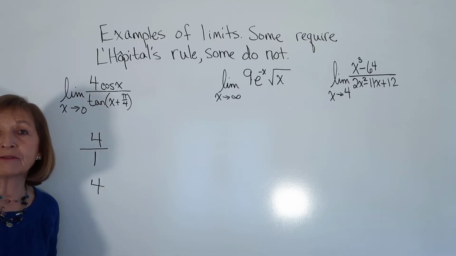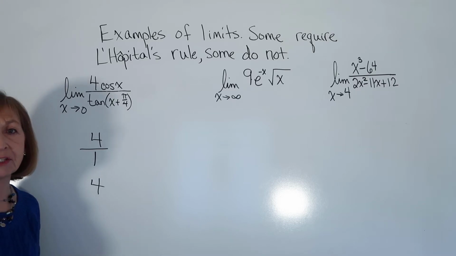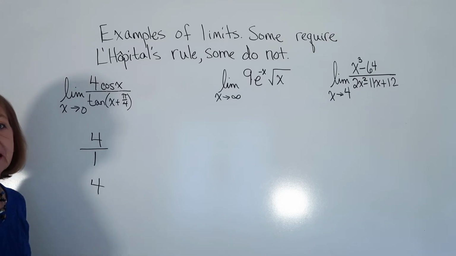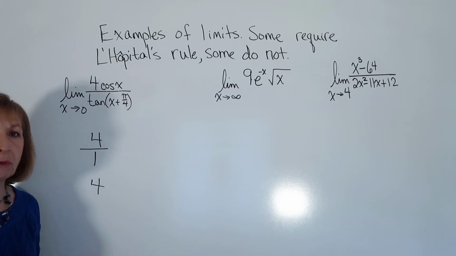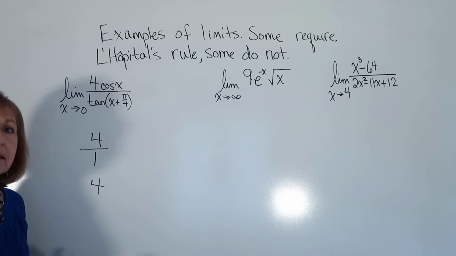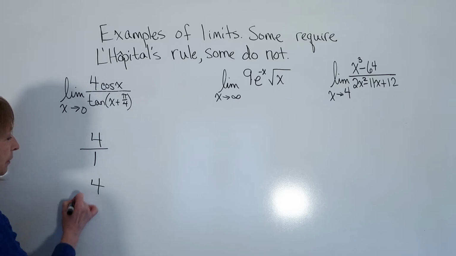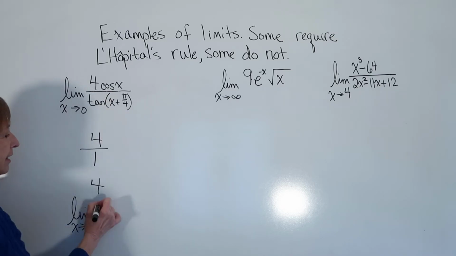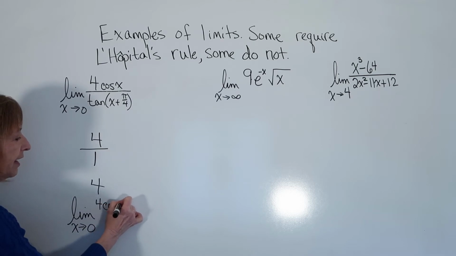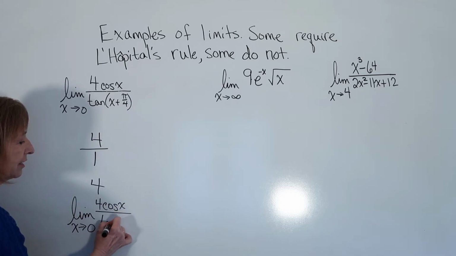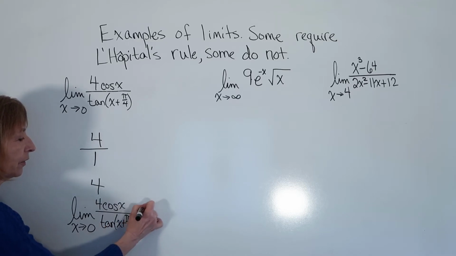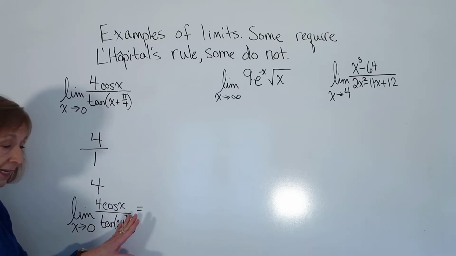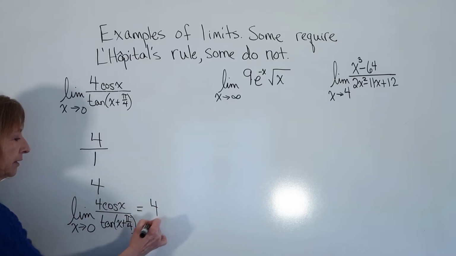It's just one of those basic limit questions that we had way back at the beginning of our study of limits, and it doesn't have an indeterminate form, so L'Hopital's rule isn't needed, nor is it applicable to this situation. Now when we write our answer, we want to write the limit as x approaches 0 of 4 times the cosine of x divided by the tangent of x plus pi over 4, that entire original question, is equal to our value of 4.